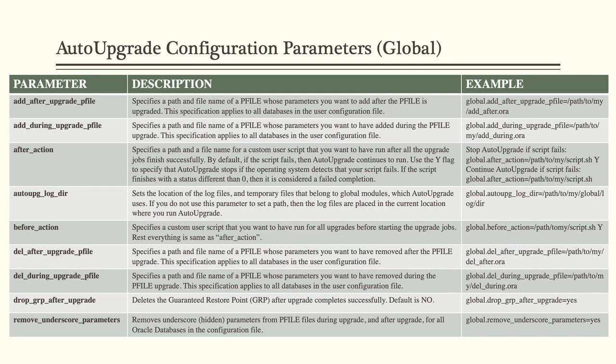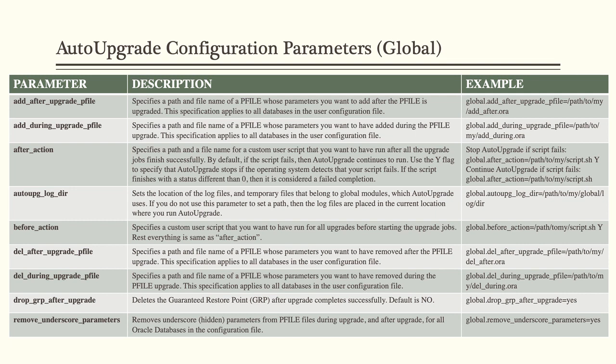If something goes wrong during the upgrade as part of the auto upgrade tool, then auto upgrade is smart enough to restore your database to the same state as it was at the time of GRP. So understand how it works. Imagine my 12.1 database I am planning to upgrade to 19C. It has run through analyze, fixups, and is doing deploy.